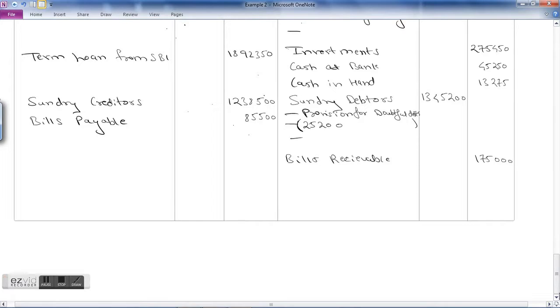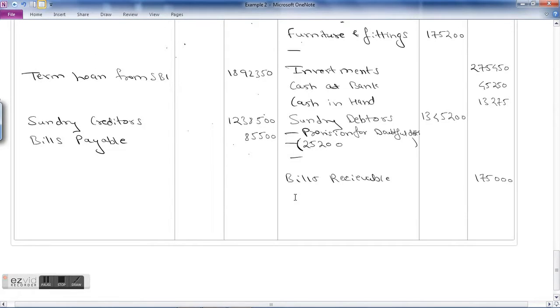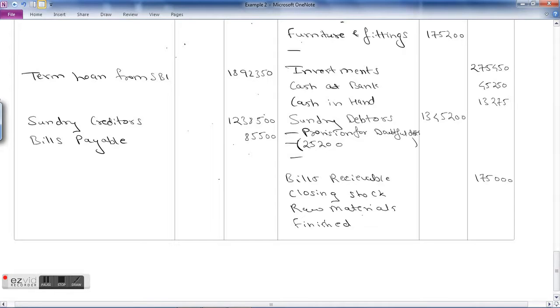Then balance sheet, second effect is balance sheet asset side, closing stock. Raw materials, finished goods.